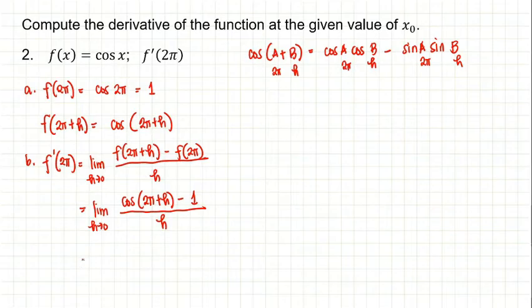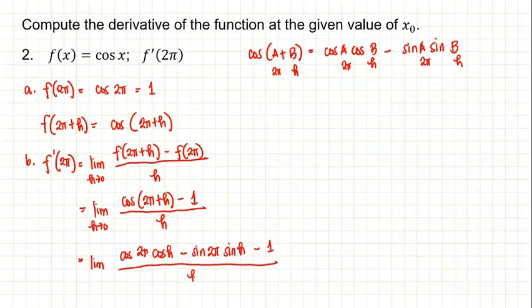So we will now have the limit of cosine 2 pi plus h becoming cosine of 2 pi, then cosine of h, minus sine of 2 pi, sine of h. Then you have minus 1 all over h as h approaches 0.